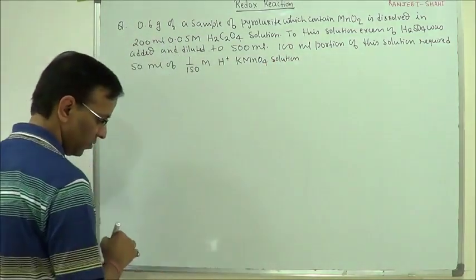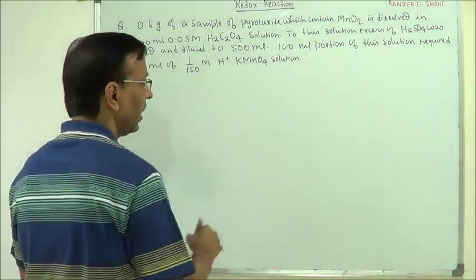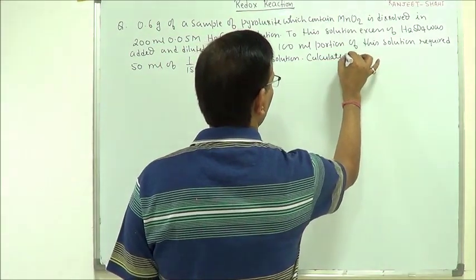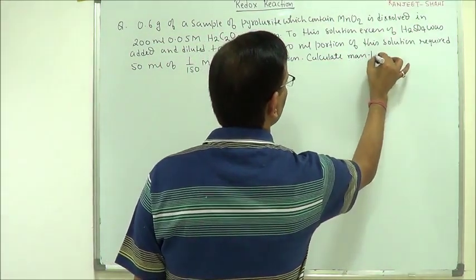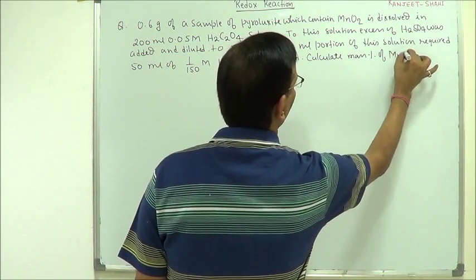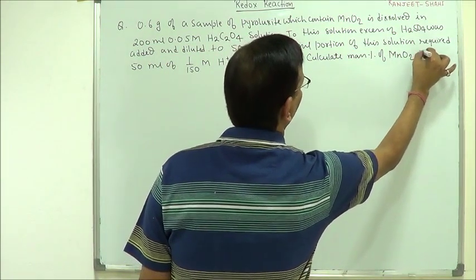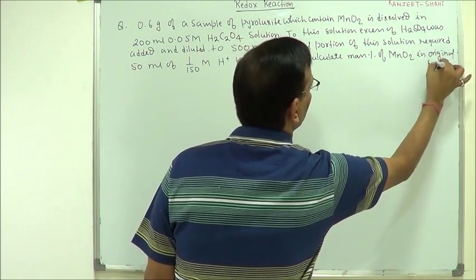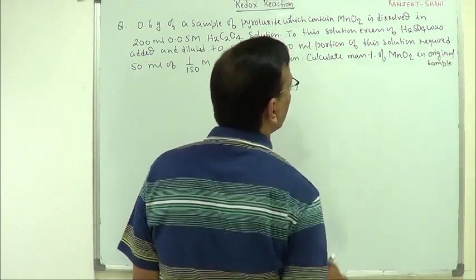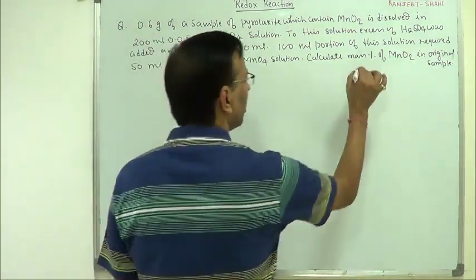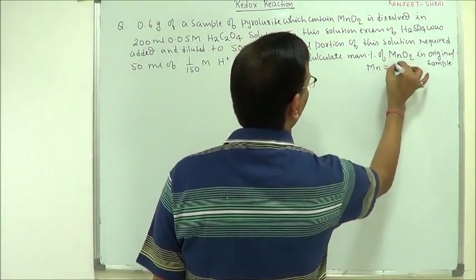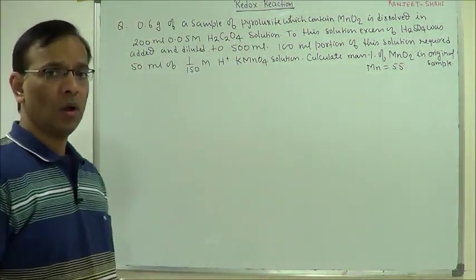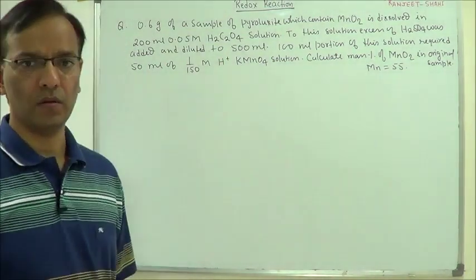Calculate the mass percentage of MnO2 in the original sample. Molar mass of manganese is 55. What is this question now?